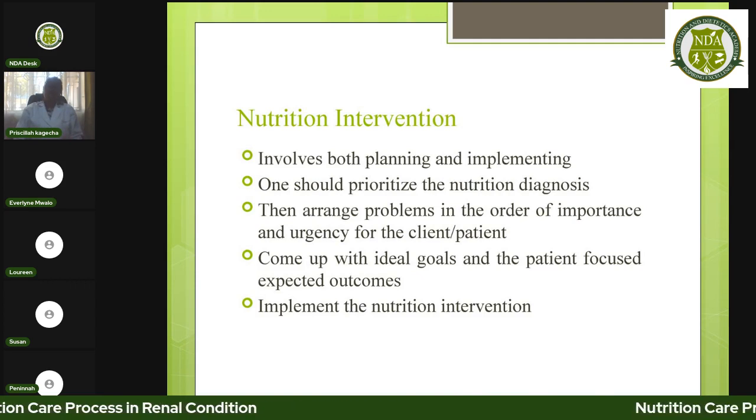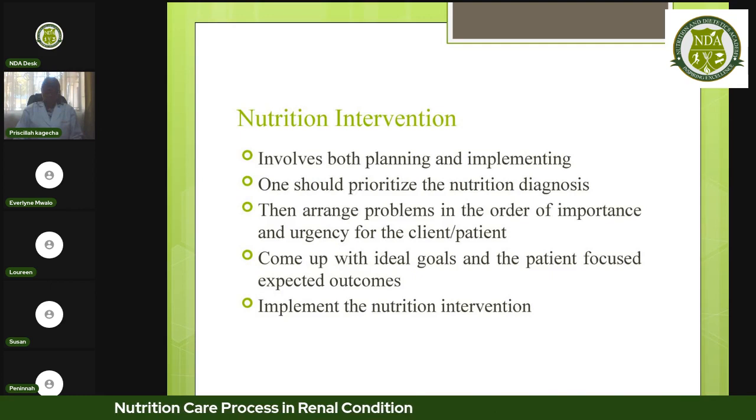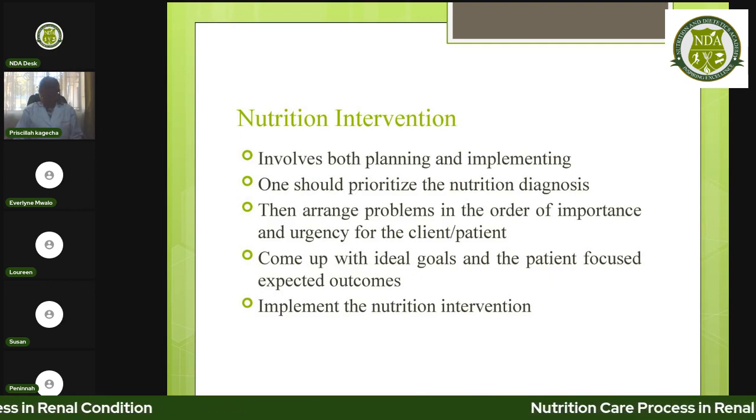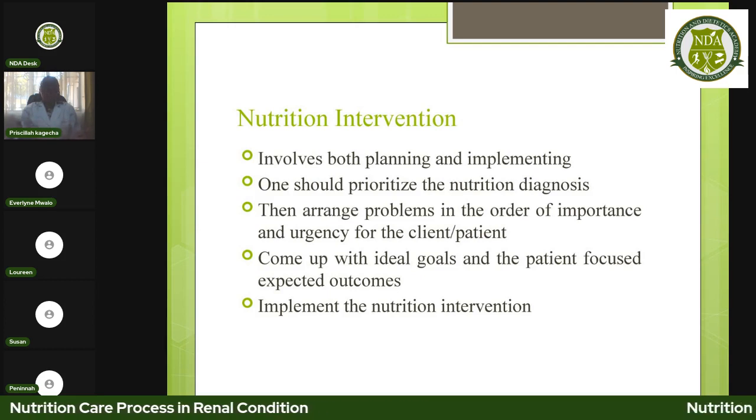So let's say, for example, your patient has come in and they have fluid overload, uremia, hyperkalemia. So how will you prioritize your intervention? You look at the order in which the patients will be affected by the problems that they've come in with.